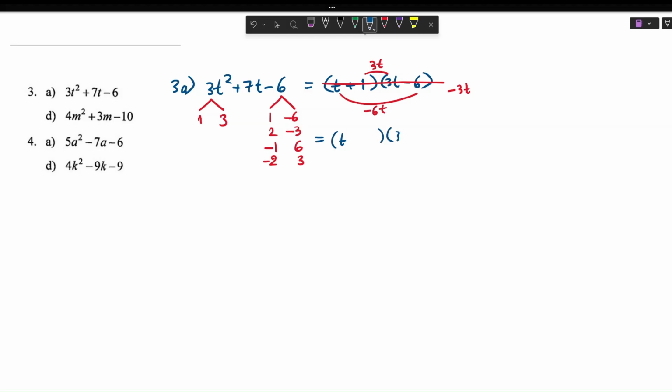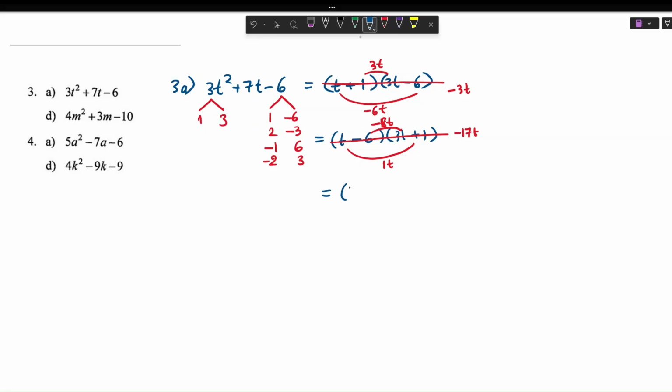Now, you could also try it the other way. What about negative 6 and positive 1? You switch the locations. So you're going to think about this product is negative 18t. This product is 1t. That's going to give us negative 17t. Also not what we wanted. So any combination of 1, 3, and 1, 6 is not going to work.